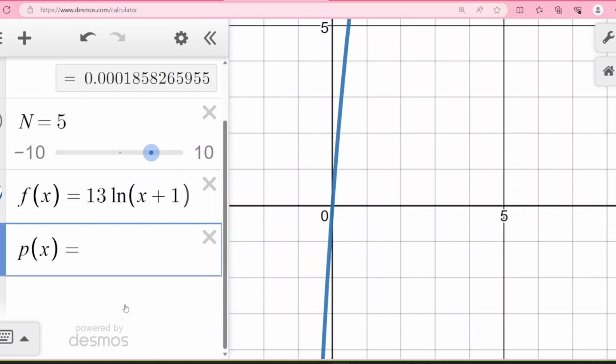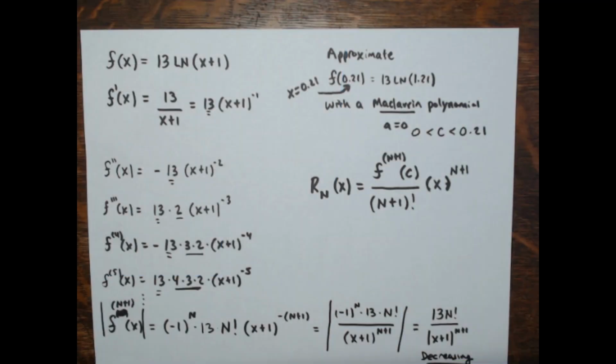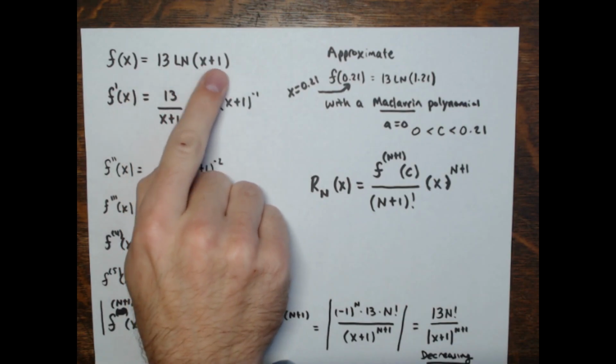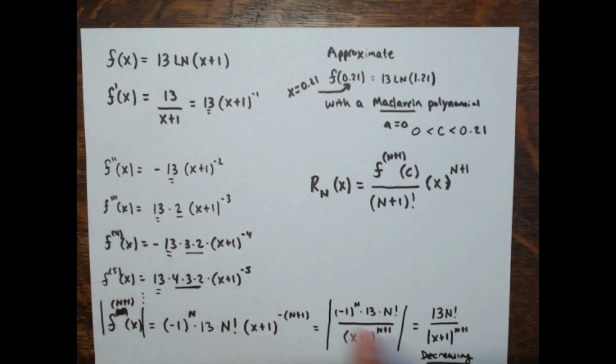So the value of all these derivatives at 0. The original function at 0, natural log of 1, is 0. So that's 0. But the rest of them I've got.